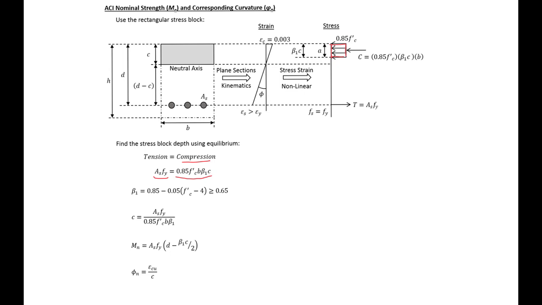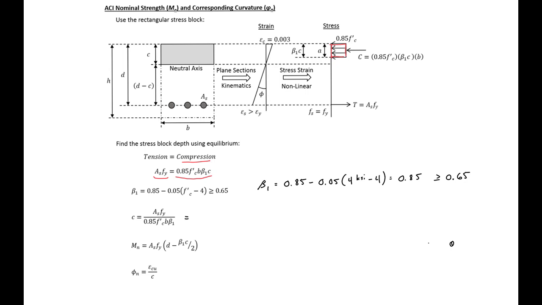We need to calculate our beta 1. So our beta 1 is dependent on our concrete strength. So we have a compressive strength of 4 ksi, so our beta 1 is just going to be equal to 0.85. We can then use all of our known values to find our C, our compression block depth, the depth to the neutral axis.